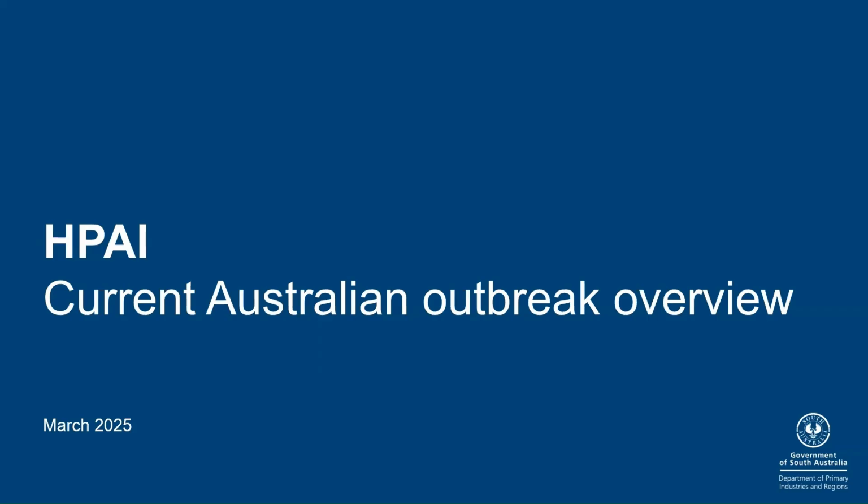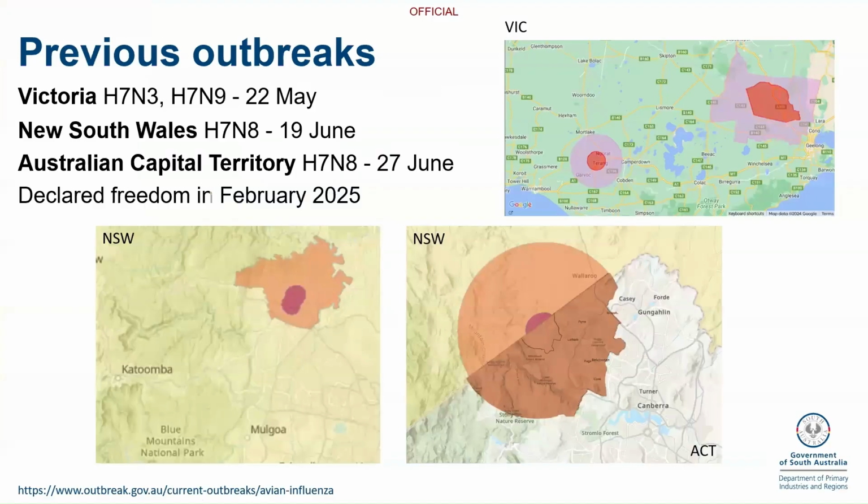To start off, let's look at the current situation in Australia. During the webinar in October last year, 2024, we discussed the high pathogenicity avian influenza outbreaks in Victoria, New South Wales and ACT, which started in May and June of 2024.